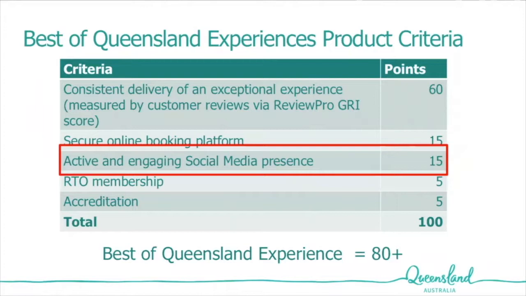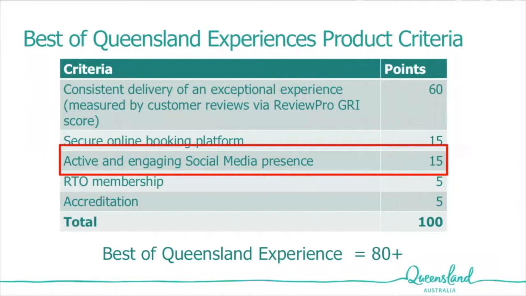You also need to have a secure online booking system on your website. If you have, you get 15 points. Active and engaging social media presence, which means that you are posting consistently, on average 4 times per week, and you are getting a good level of engagement.